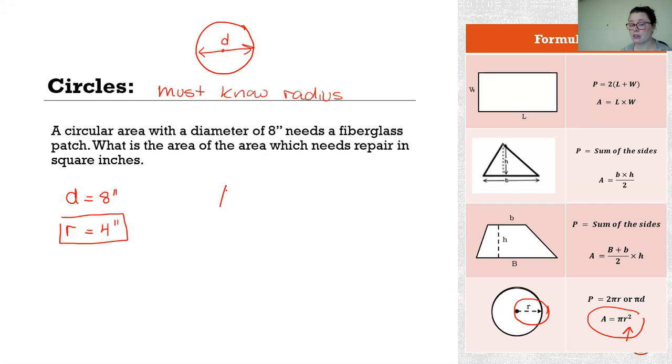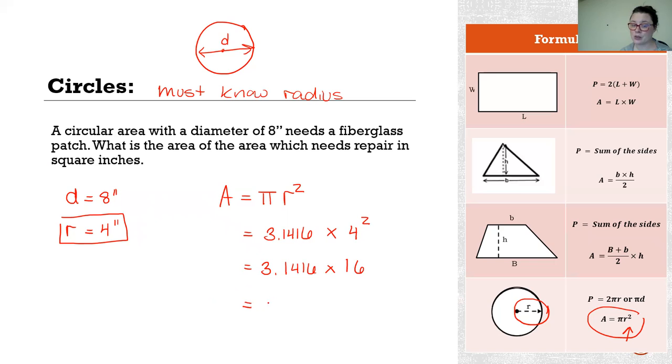So if I want to know the area, it is equal to pi r squared. We have already learned that pi equals 3.1416, times 4 squared. Order of operations come into play now. 4 squared would be 16. We have to do the squared first, and now we can multiply these two together.